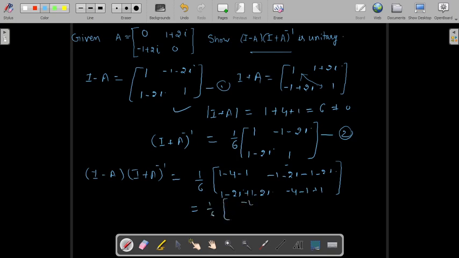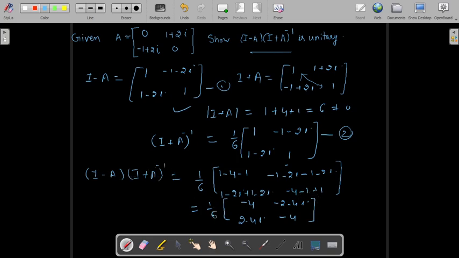Here it is minus 4, this is minus 1 minus 1, so this becomes minus 2 minus 4 iota, here it is 2 minus 4 iota, and here it is minus 4. So this is our matrix I minus A into I plus A inverse.